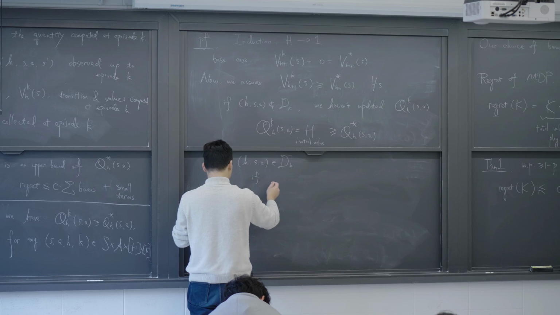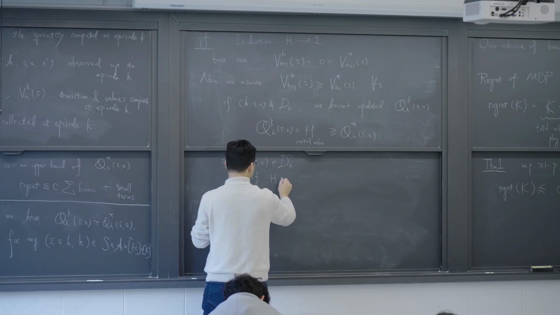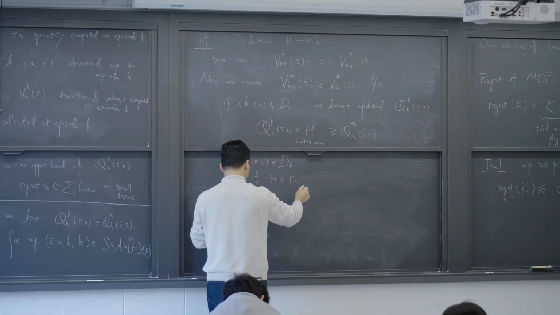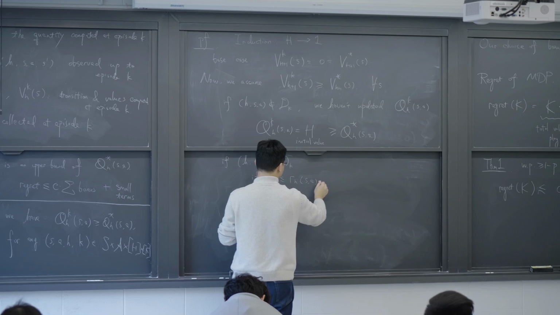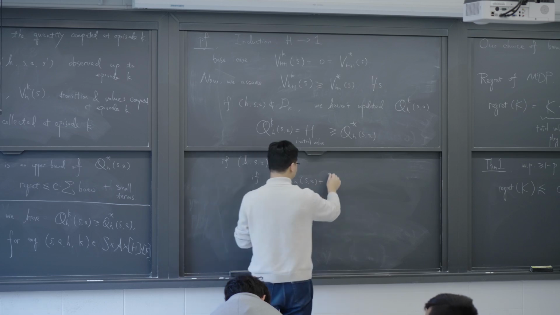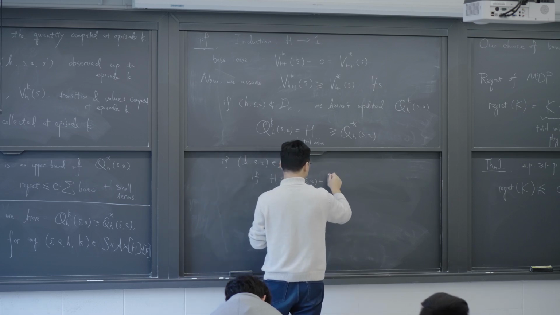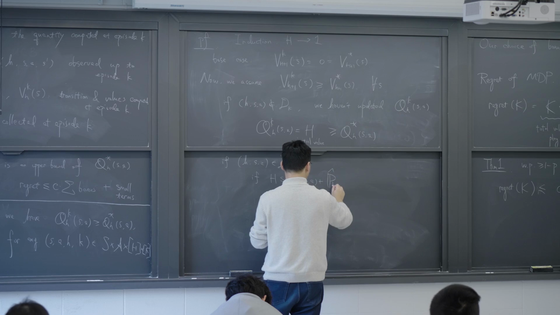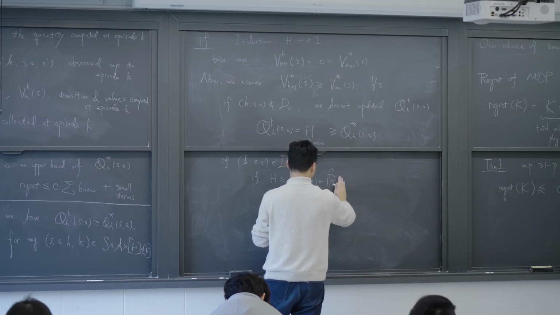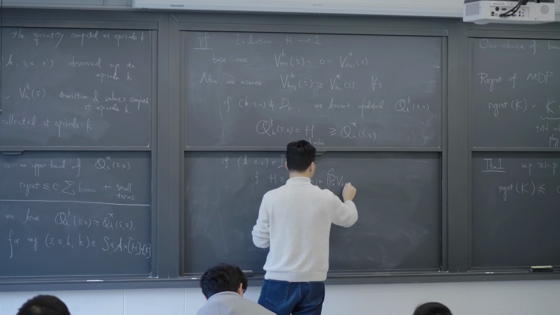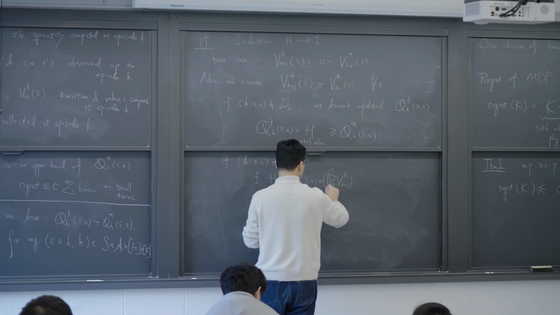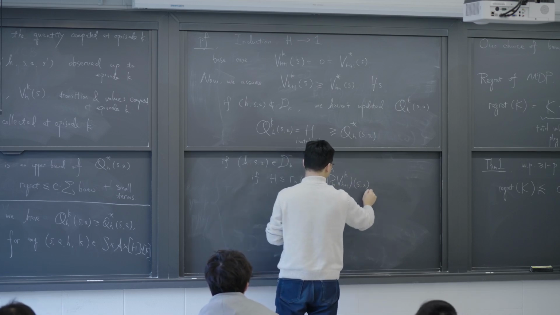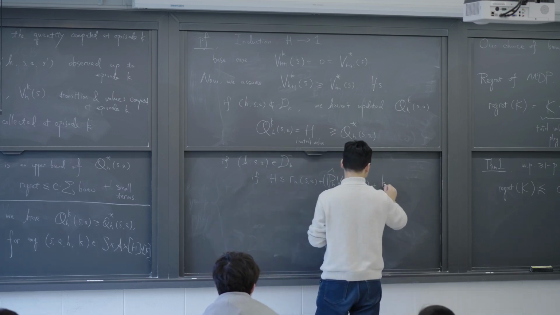If we already know H is less or equal to r_h(s,a) plus the P-hat_h(s,a) applied to V_{h+1}^k, plus the bonus.